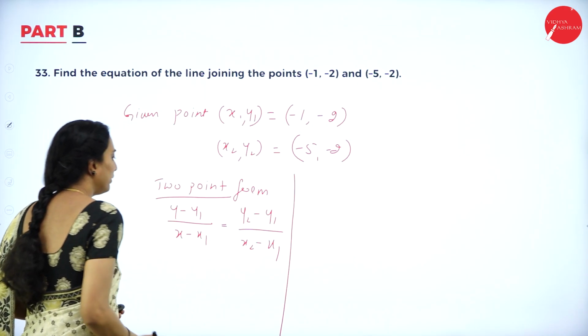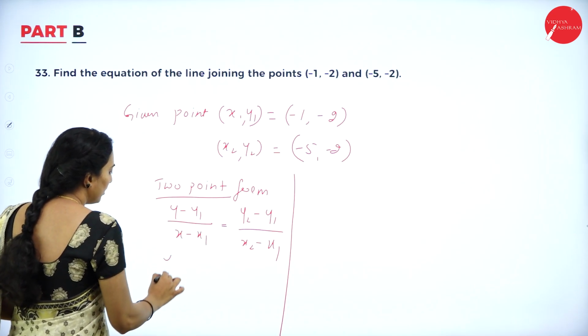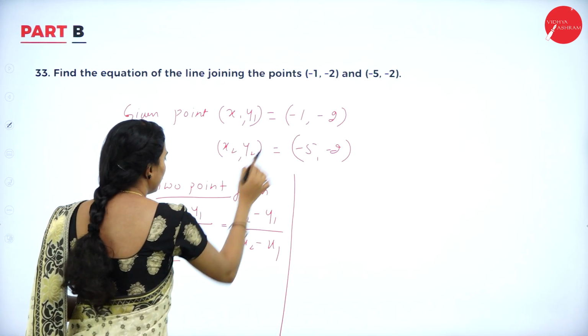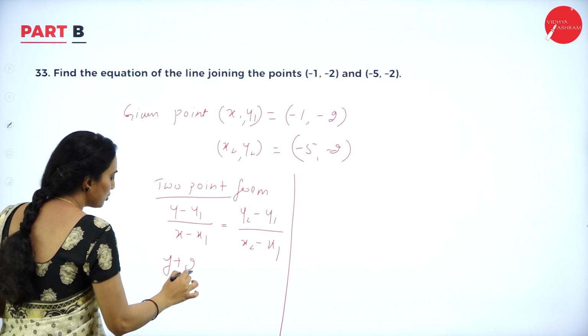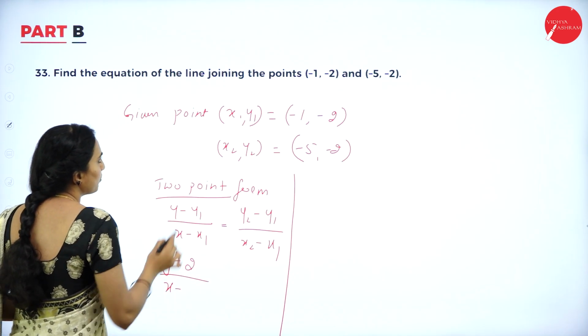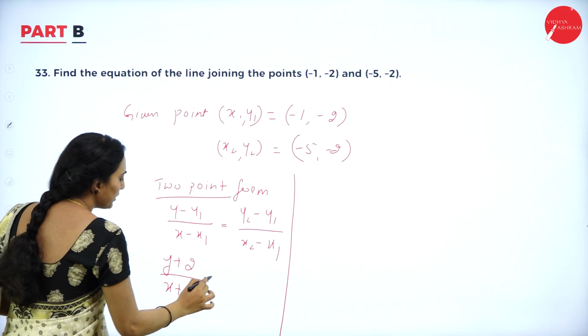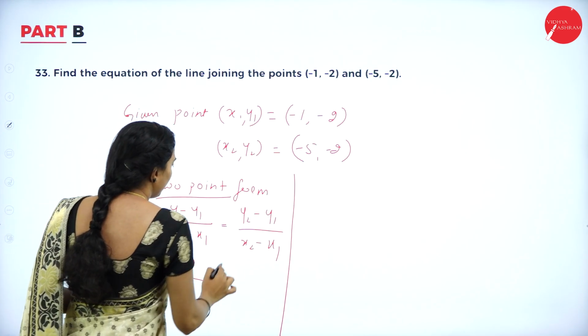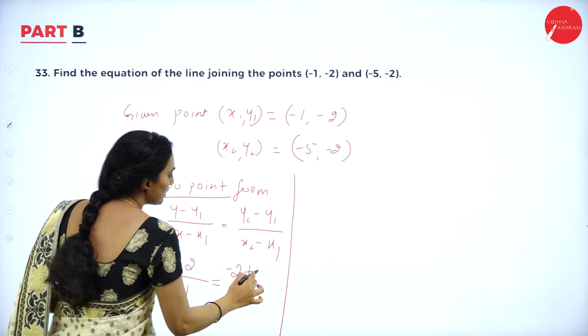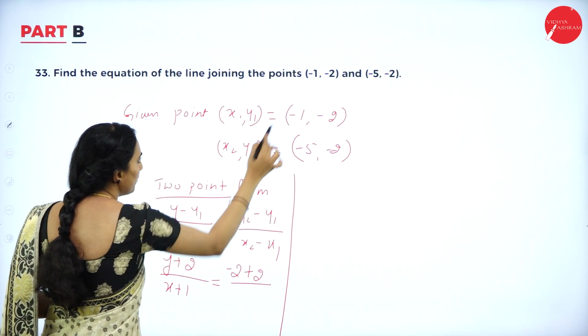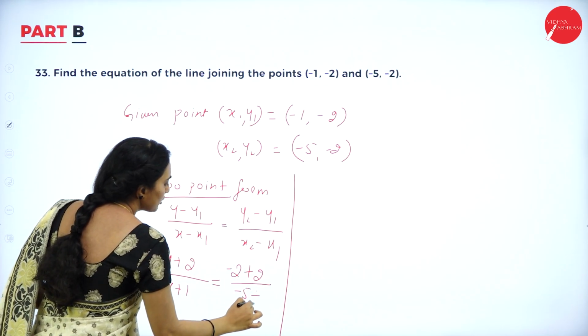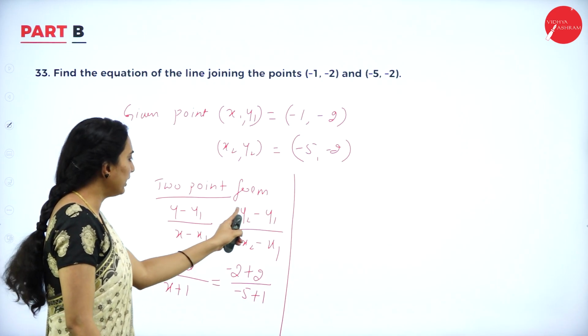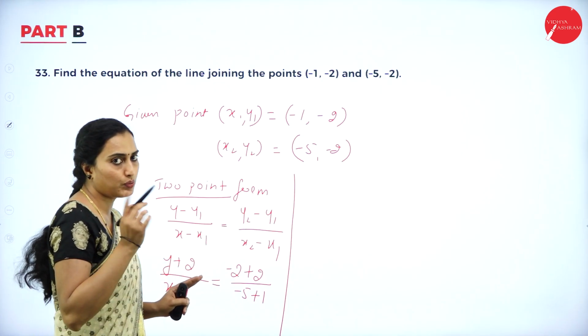Substituting in the formula, it will give you y minus y1, that is y plus 2, divided by x minus x1, x1 is minus 1, so x plus 1, is equal to y2 minus y1, so minus 2, minus of minus is plus 2, divided by x2 minus x1, minus 5, minus of minus 1, plus 1. Writing this step and this substitution is very important.